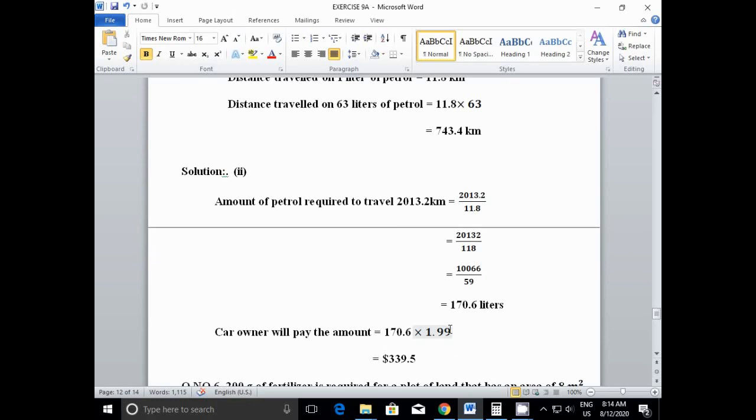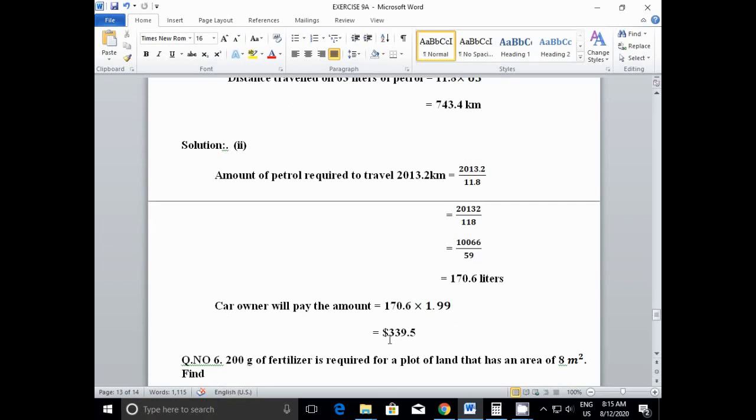So simply, if we multiply this 170.6, which is the total amount of petrol required to travel this distance, multiplied by 1.99, which is the cost price of 1 liter of petrol. So the product of these two quantities is $339.5, which is the total amount that the car owner will pay if he wants to travel 2013.2 kilometer.